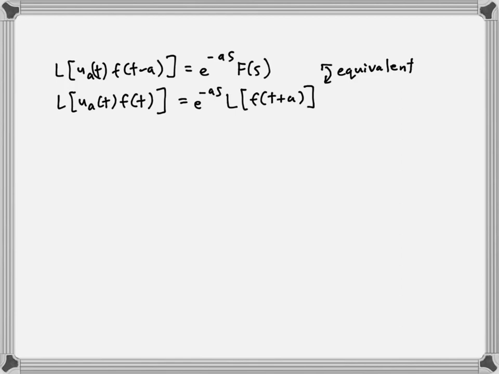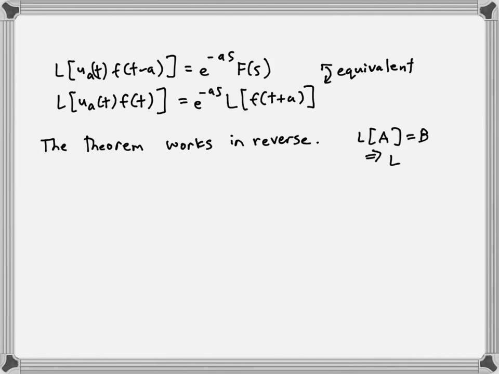So, of course, the theorem works in reverse. What I mean by in reverse is that if the Laplace of A is equal to B, this is the same as the Laplace inverse of B is equal to A. They're just inverses of each other.